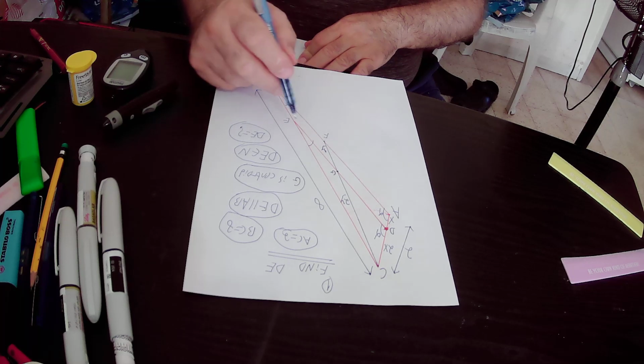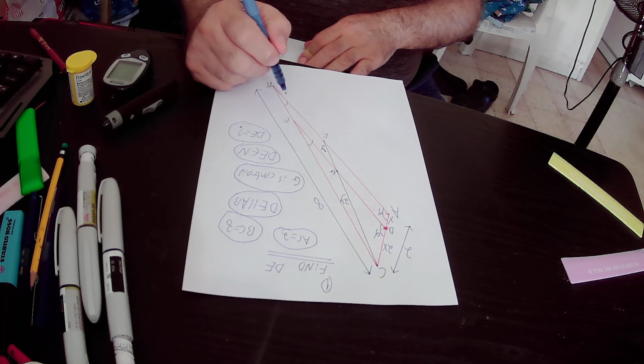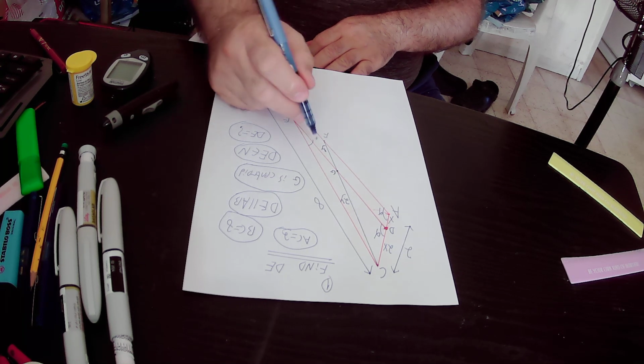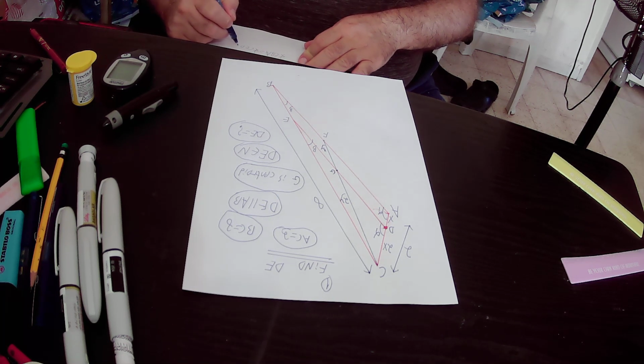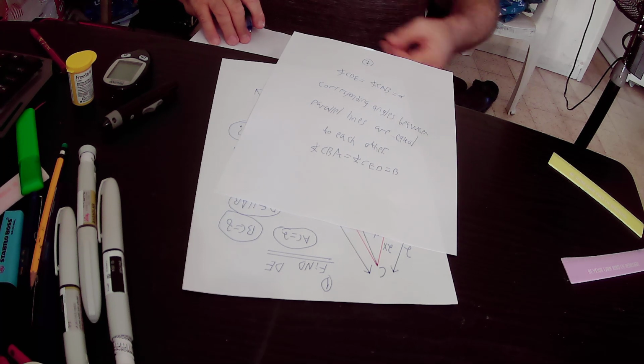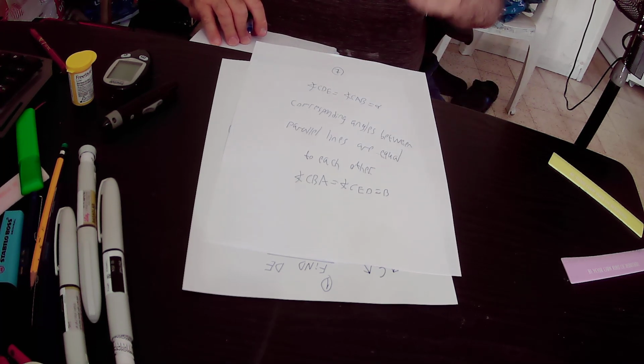So if angle CBA is equal to beta, then angle CED will be also equal to beta because those two angles are equal to each other. I will repeat again, angle CBA equals angle CED equals beta according to the rule that corresponding angles between parallel lines are equal to each other.